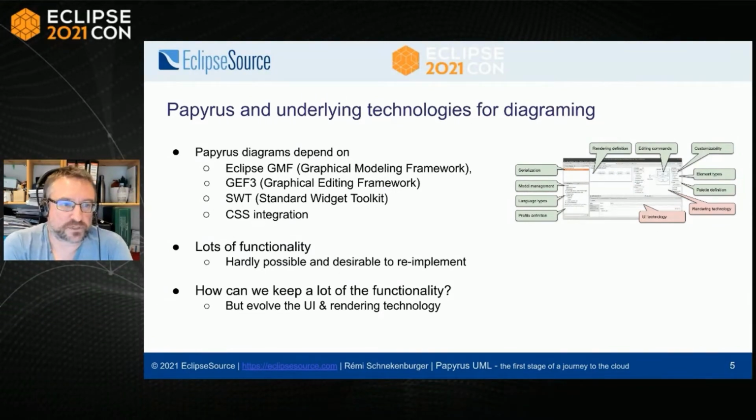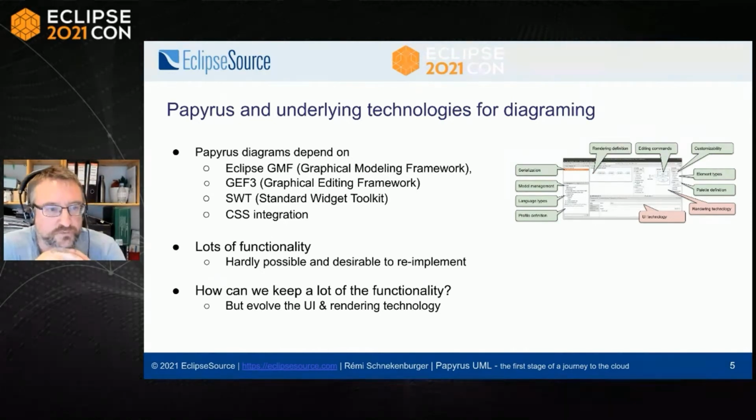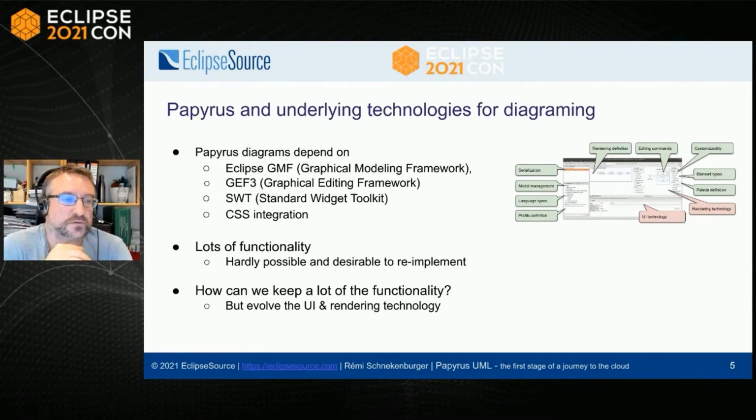We also rely on the GEF graphical editing framework, which is the free version. Since then, there has been the GEF 5 version. We are relying also on SWT, which is the basic widget toolkit used by Eclipse IDE. And we also provide some CSS integration based on quite an old version of the CSS language.